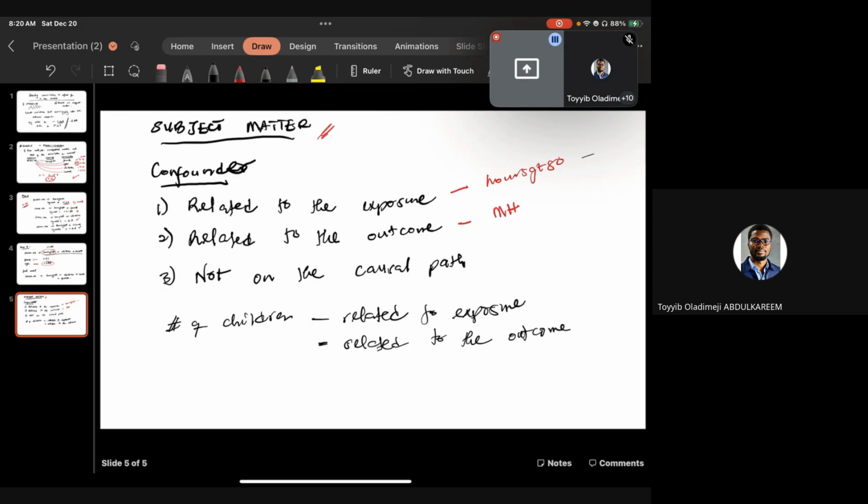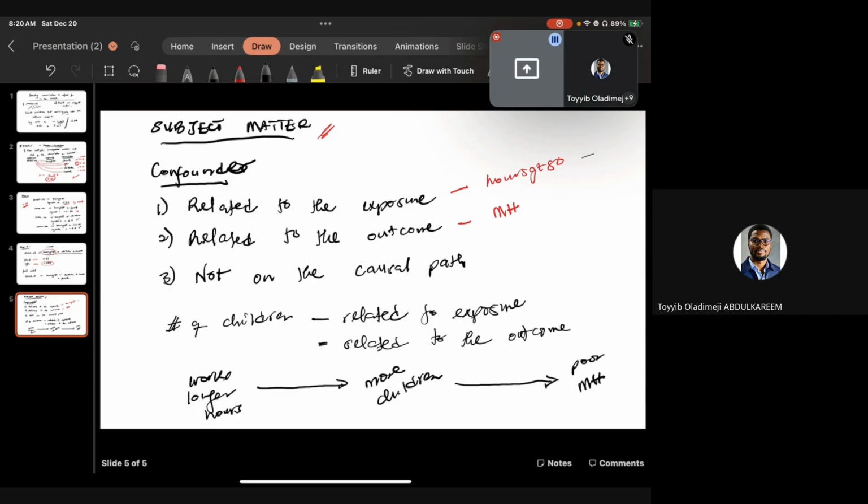Okay, good. And here we have to pay a bit of attention. Do you think that if a person works longer hours, it leads them to have more children, which then leads them to have poor mental health?